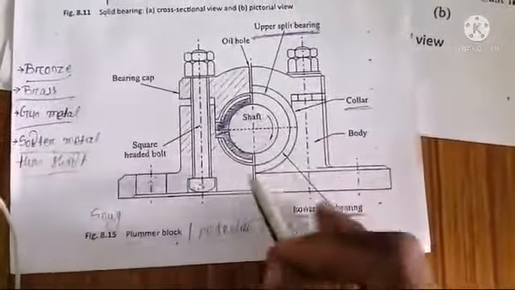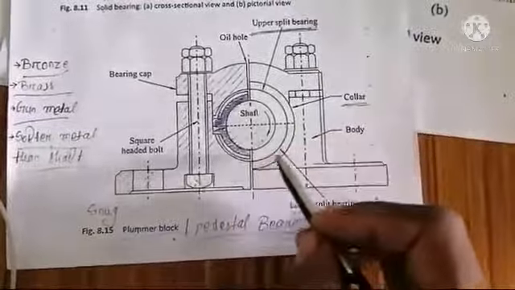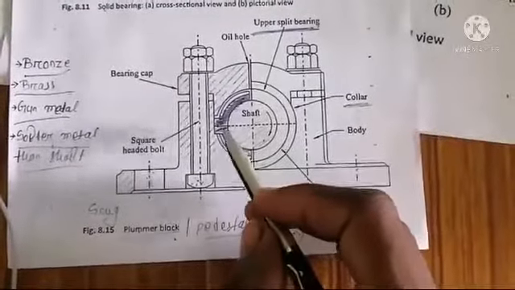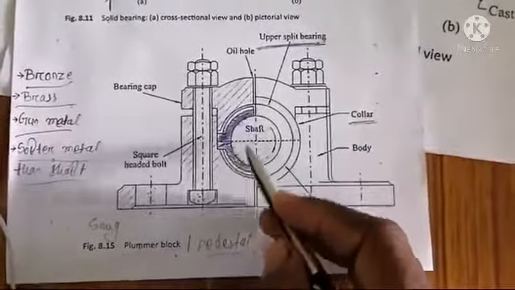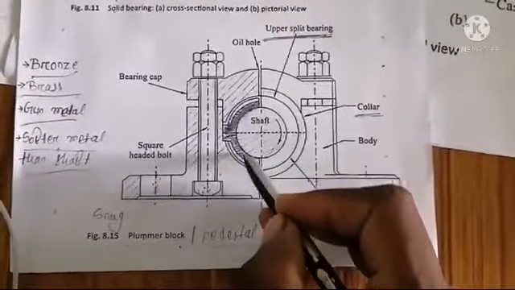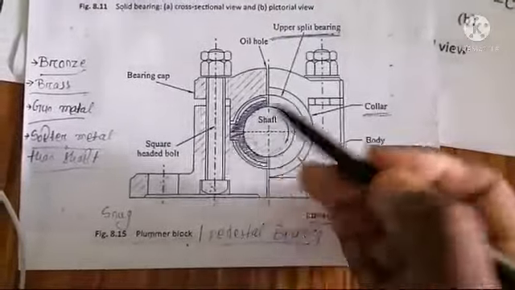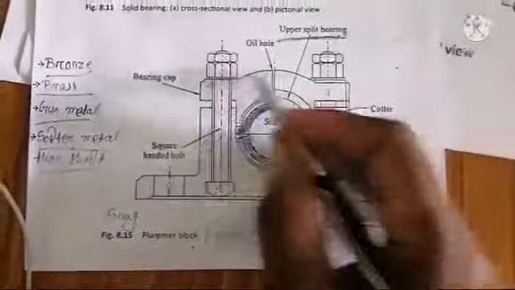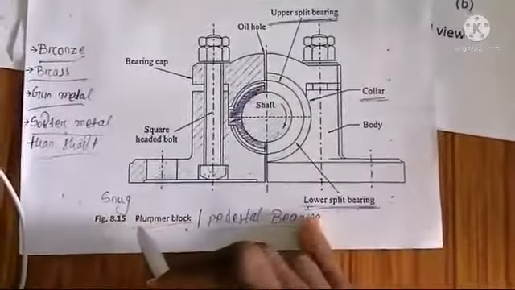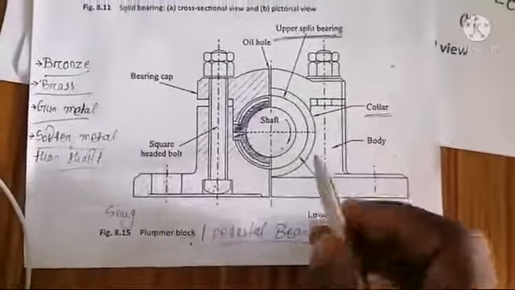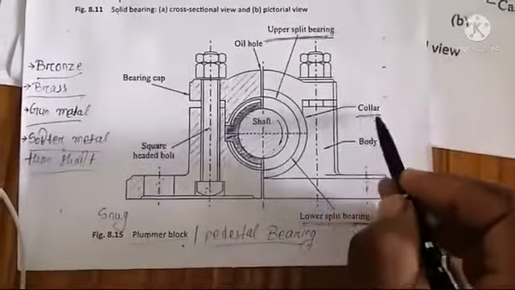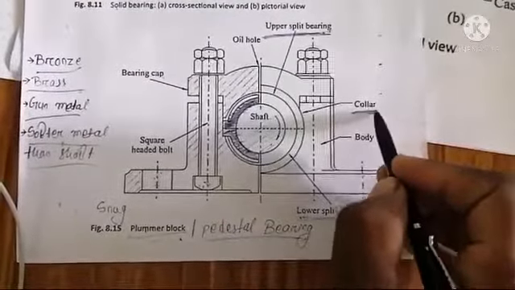In this pedestal bearing, a bush is also provided, so we can replace it from time to time. When the life cycle of one bush has ended, we can replace it and increase the longevity of the pedestal or plumber block bearing. One collar is provided here. You can see it.